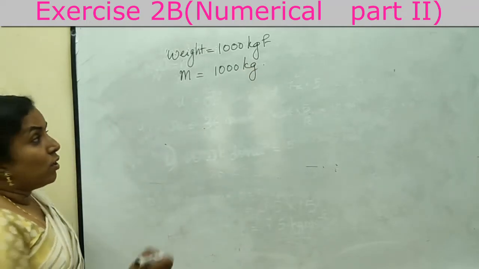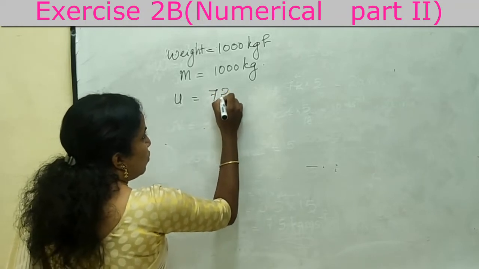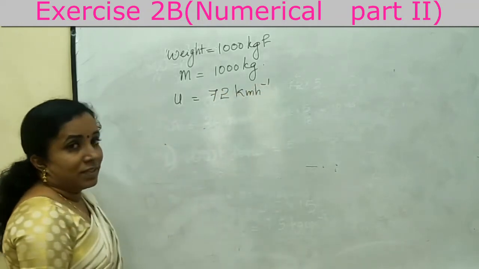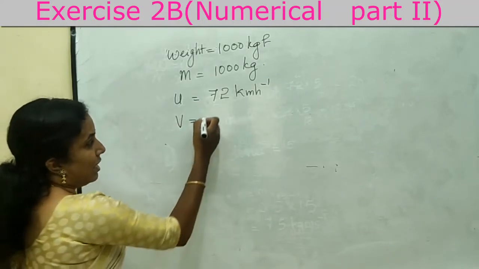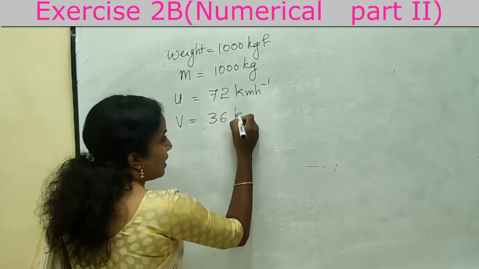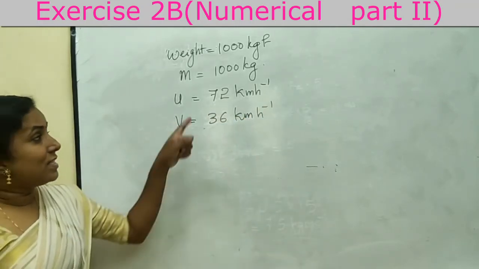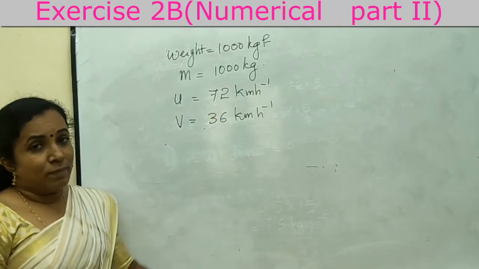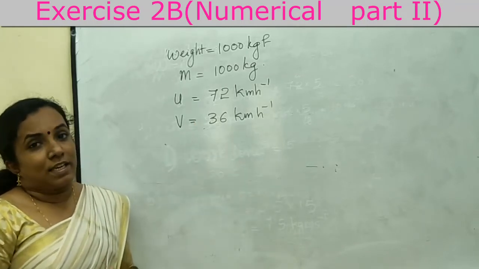This truck was moving with an initial velocity 72 kilometer per hour, slows down and reaches to the final velocity 36 kilometer per hour. Since this initial velocity and final velocity are in kilometer per hour, we have to convert them into meter per second.